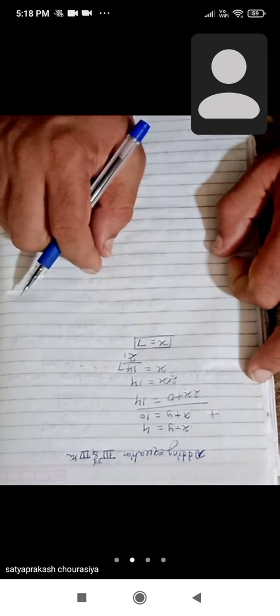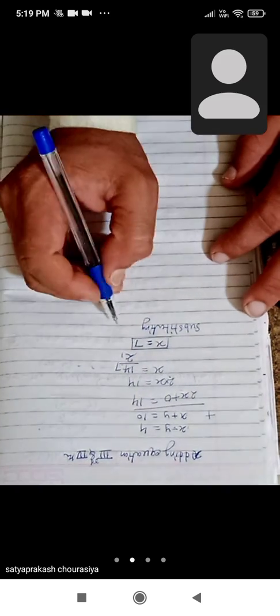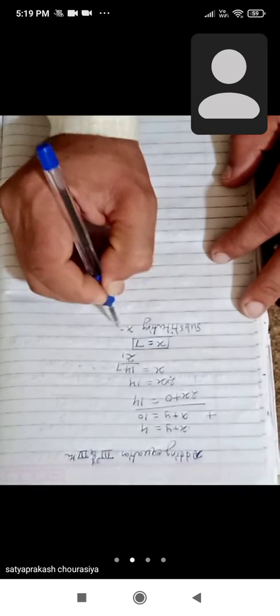Now we have to find the value of y. To find the value of y, you have to substitute the value of x in equation 3 or equation 4. Substituting, or you can write putting. So substituting x is equal to 7 in equation 4.